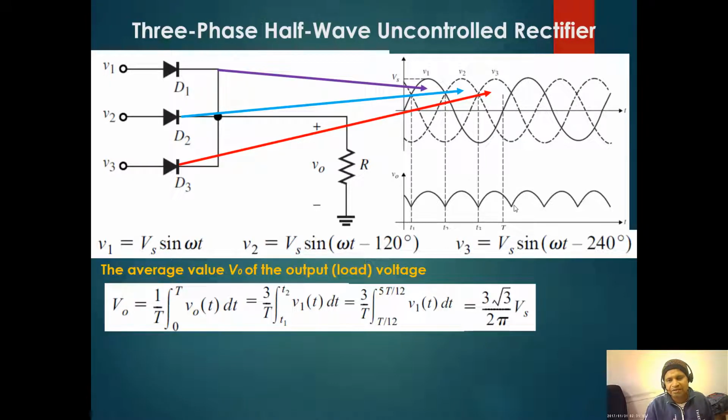So you can see that there are three pulses in a cycle, and this is called a three pulse converter. You can find the average output voltage V naught, which is given here: 3 root 3 divided by 2 pi into Vm or Vs.